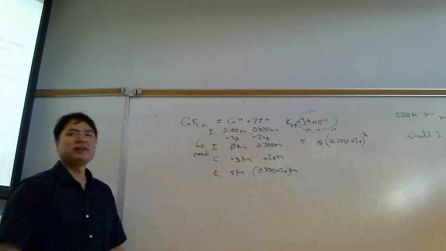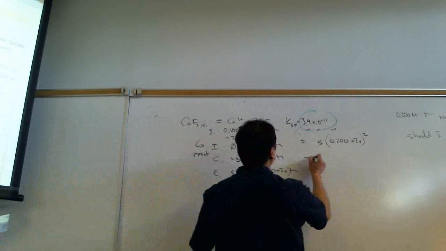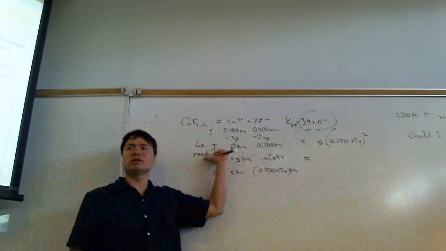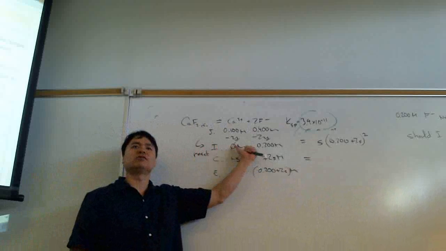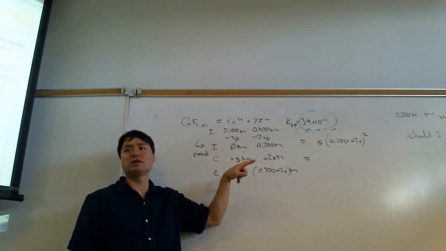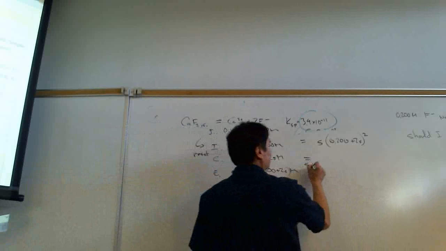Should I try the simplifying assumption here? What do you think? Yeah, let's go ahead and try it. Would the simplifying assumption work well in the reverse direction? No, it's awful in the reverse direction. But in the forward direction, it should work pretty well because KSP is very small. And so we try the simplifying assumption.